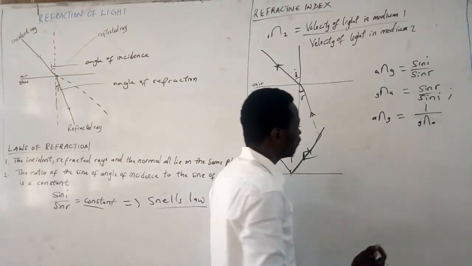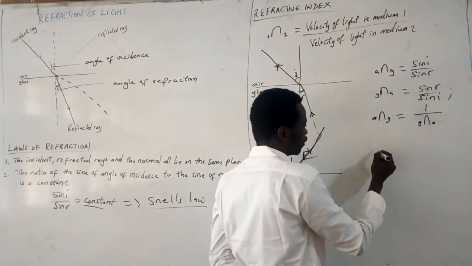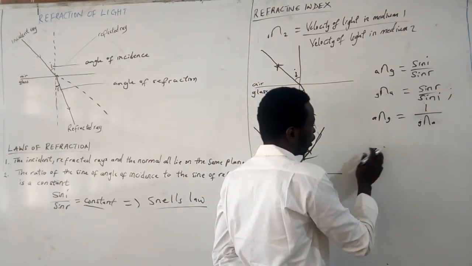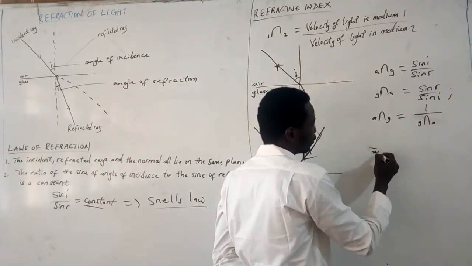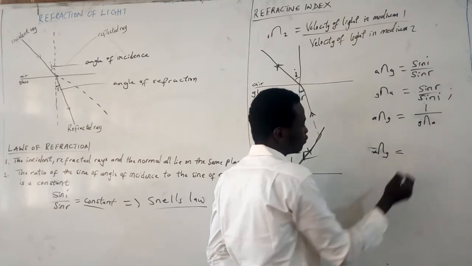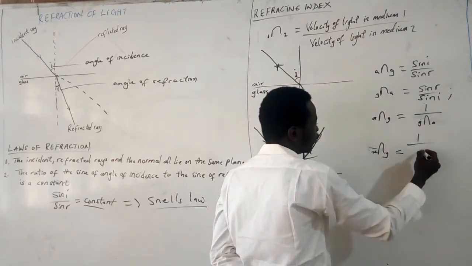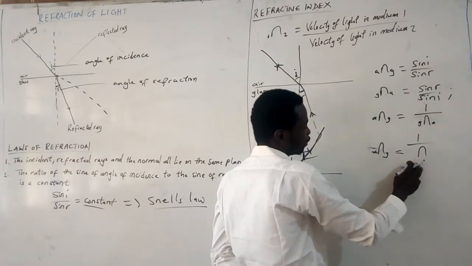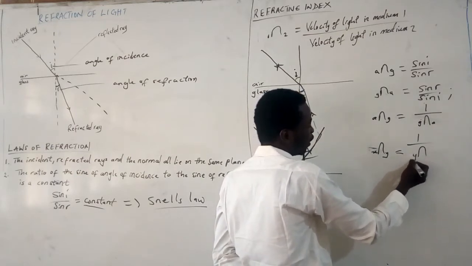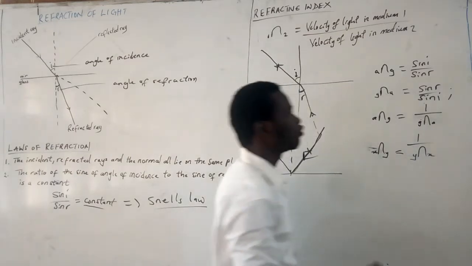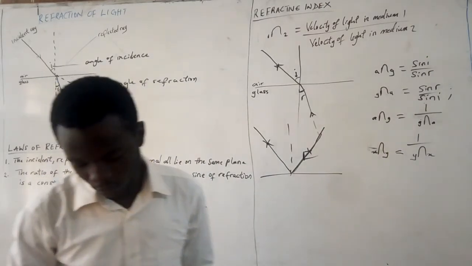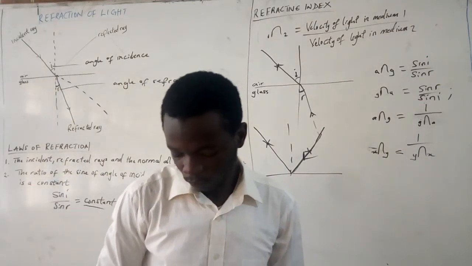That means if we have light traveling from medium x to y, I can simply say it's 1 over the refractive index from y to x. So that's another formula we have here.